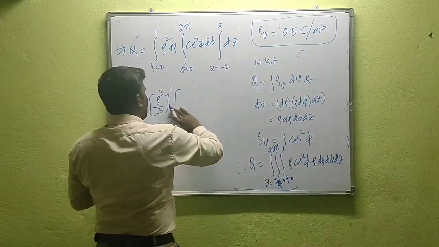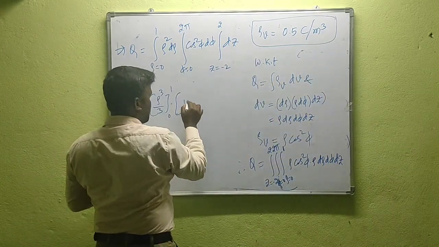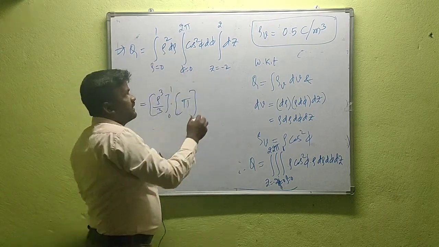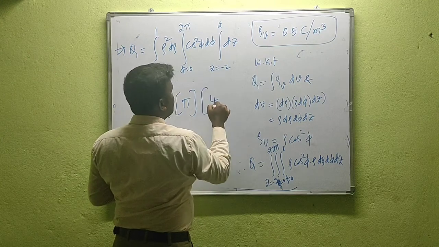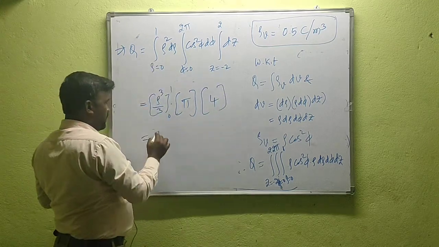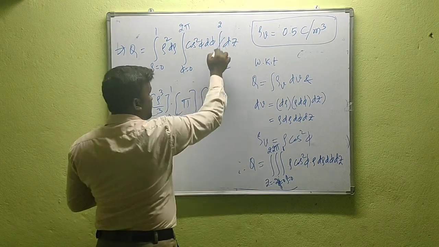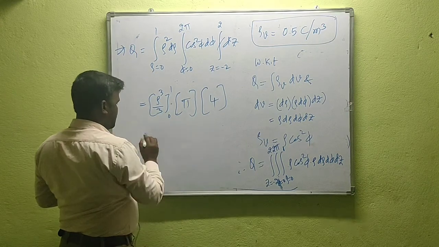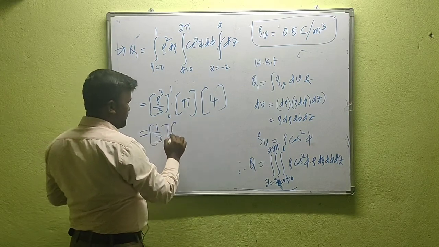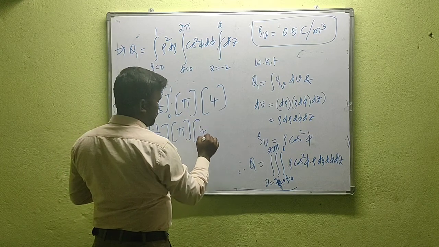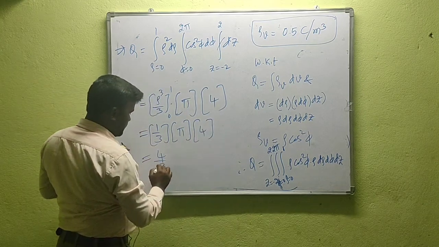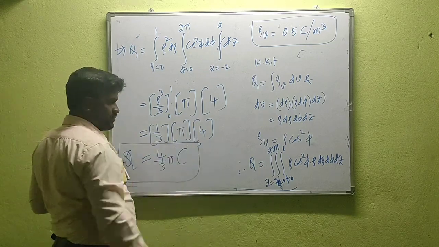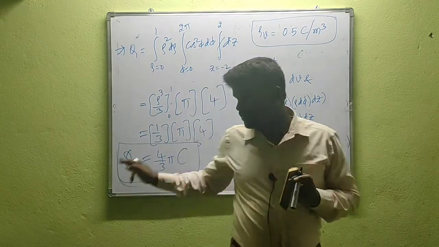If you simplify this, the integral of cos²φ with limits 0 to 2π gives π, and the integral of dz gives 4, that is 2 minus of -2, gives 4. So now we have 1/3, π, and 4. Finally we got 4π/3 coulombs. So this is the charge enclosed by the cylinder of radius 1 meter with z varying from -2 to +2.